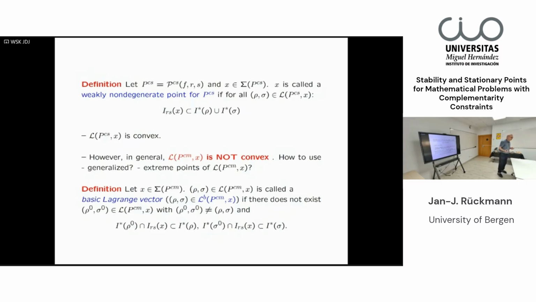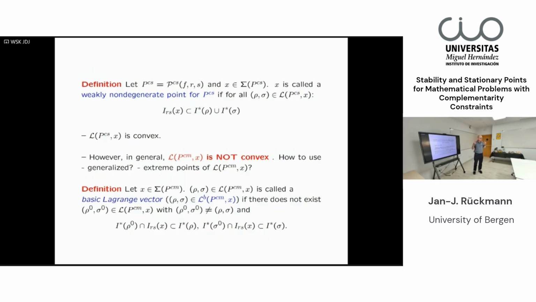It is not convex. It has no extremal points, because extremal points are only defined for convex sets. And what we did then finally, we found a substitute for these extremal points, and we called it basic Lagrange vector. The definition is here. So it means an element from the set of Lagrange multipliers is called a basic Lagrange vector.